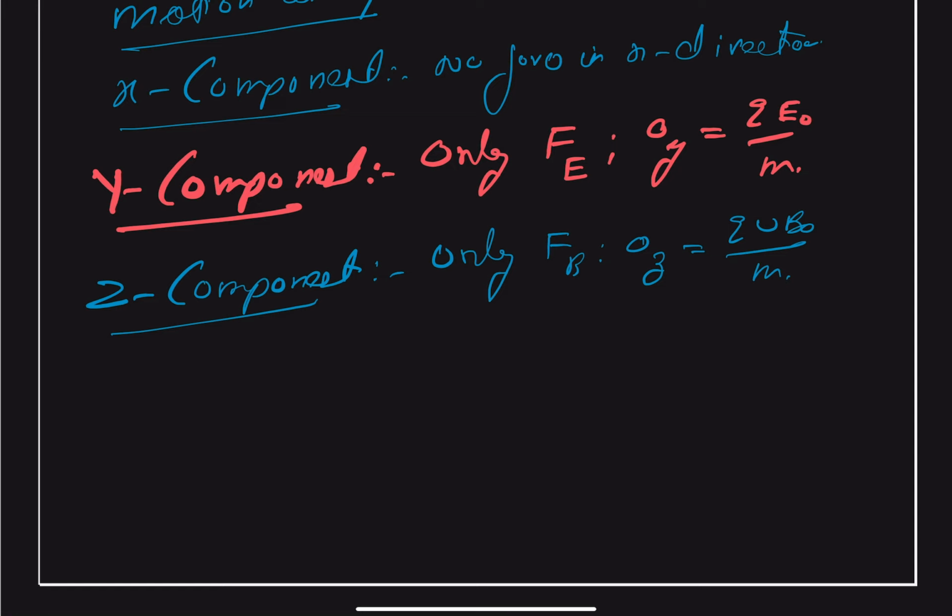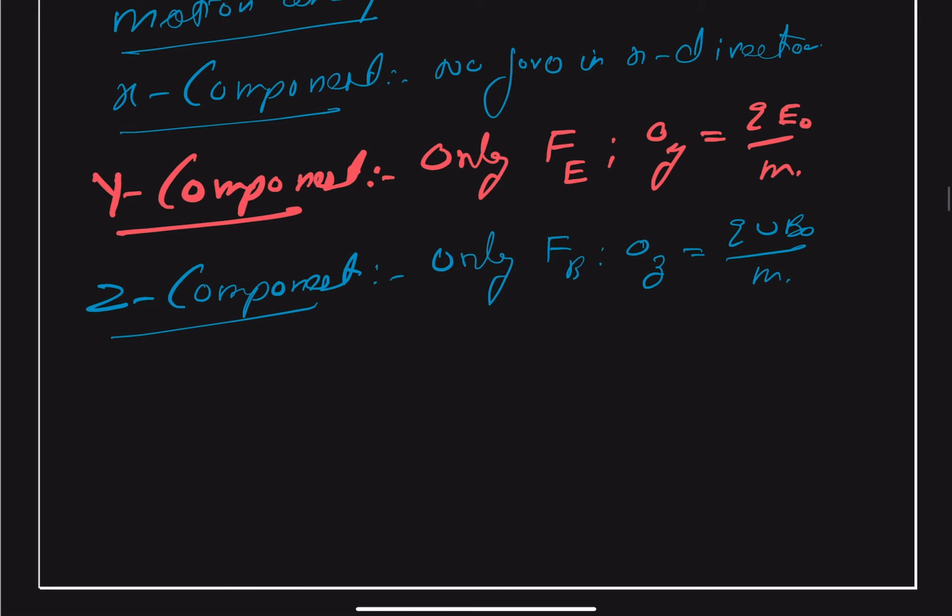So there are two motions. One motion is along y because of the electric force, and another is because of the magnetic force. Initially it states that the velocity is only in x direction. So magnetic force causes circular motion, and the electric force causes a linear acceleration in y direction.